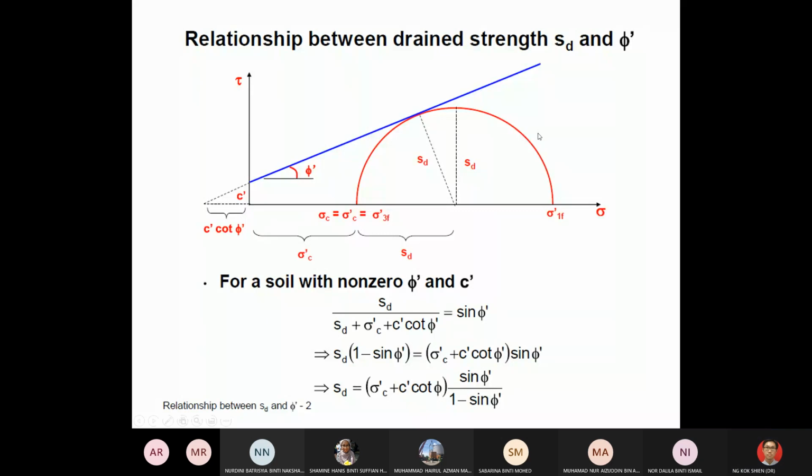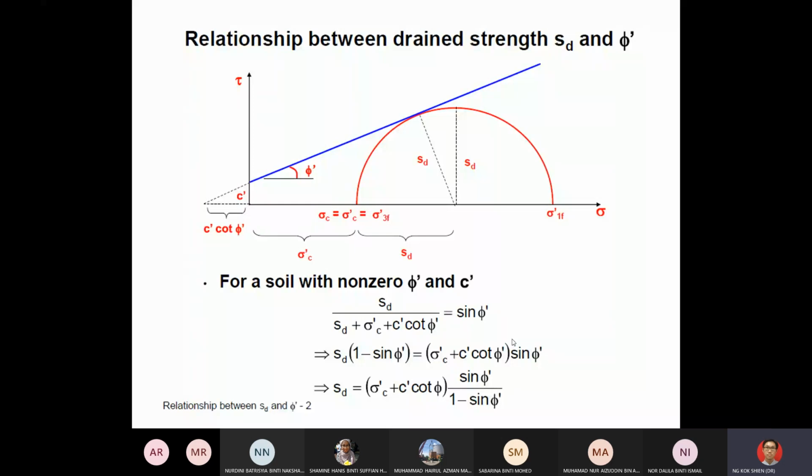Okay, this is drained strength. Remember this. You need to differentiate between drained and undrained. Drained strength is normally for when the soil is subject to very slow loading, or the soil is cohesionless, like sand.